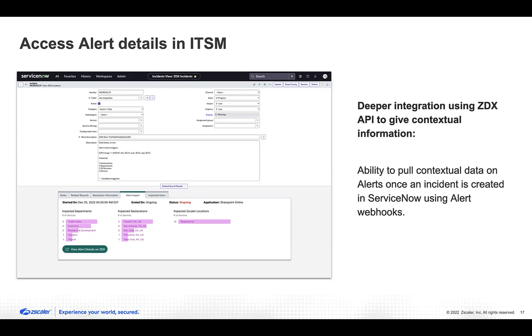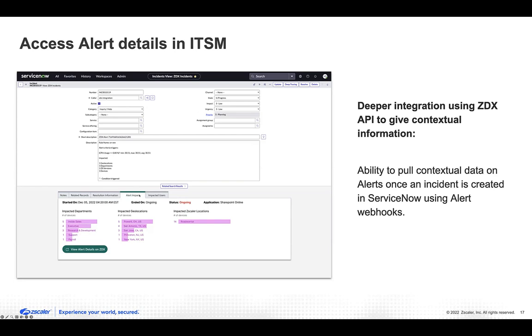Now, with the APIs available now, one of the things that we are doing is, for any metadata information available in the webhook, we will use that to pull in the relevant information to bring it into ServiceNow itself.